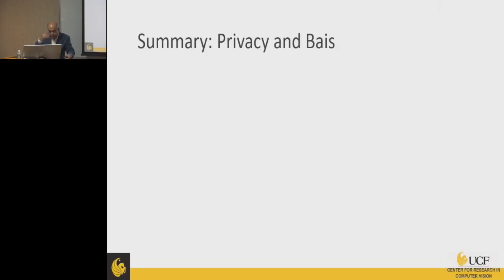So just to summarize, I talked about privacy and bias, which are very important topics these days in AI, because these models are being used in real life. They're going to impact society. So how do we deal with those issues? We want to make these models private, bias-free, fair and so on.